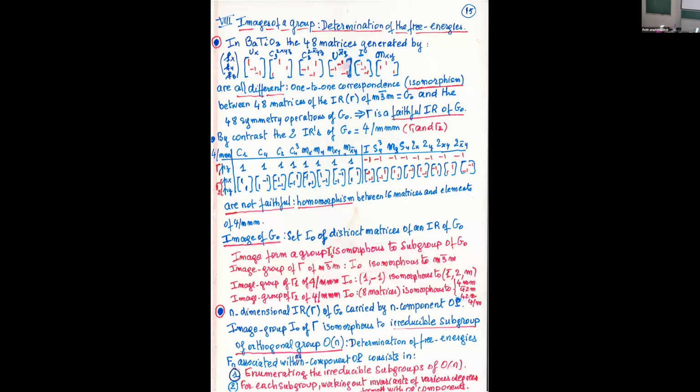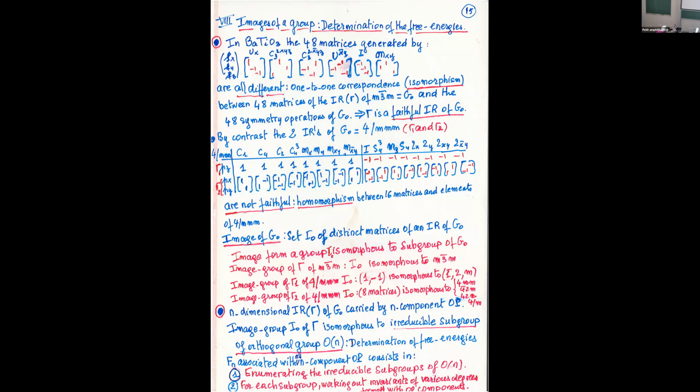You see, we have only 2 numbers, 1 and -1. It's isomorphous to a subgroup composed of 2 elements of 4/mmm, which can be 1 bar, that is, identity and inversion. It can be 2, identity and twofold rotation. So the image group is isomorphous to any of these 2-element subgroups of 4/mmm.